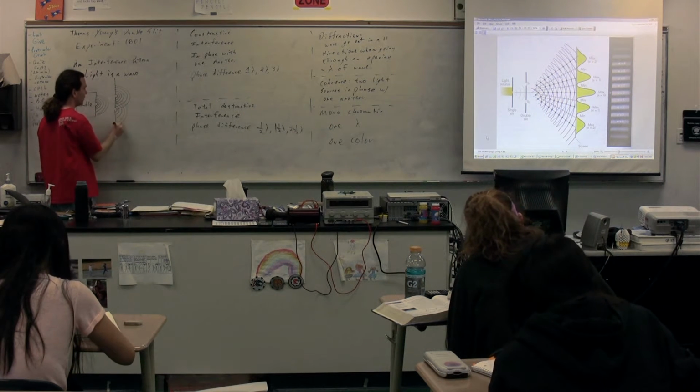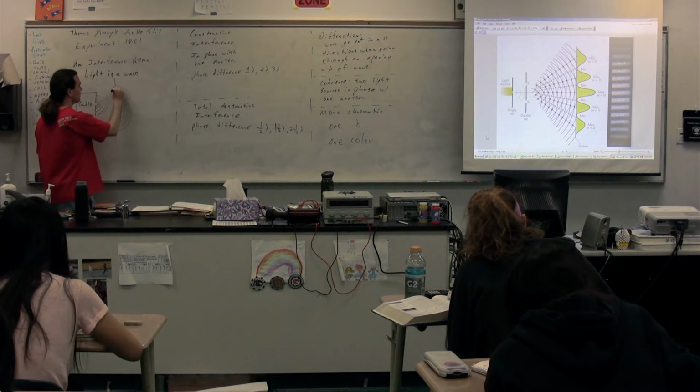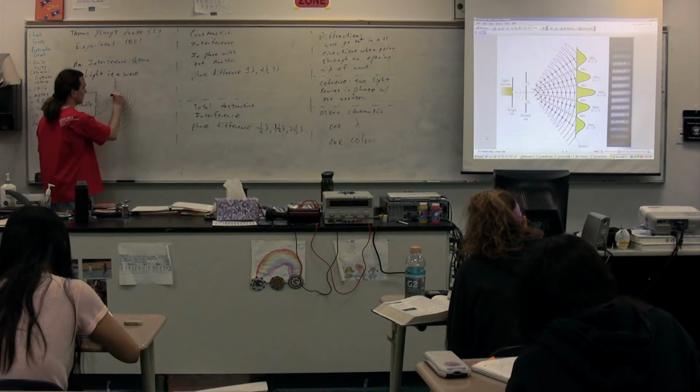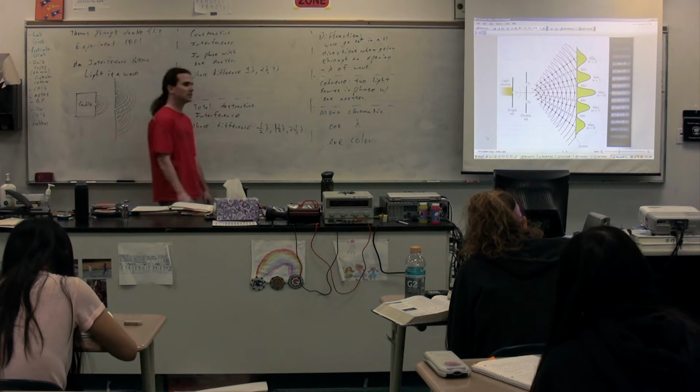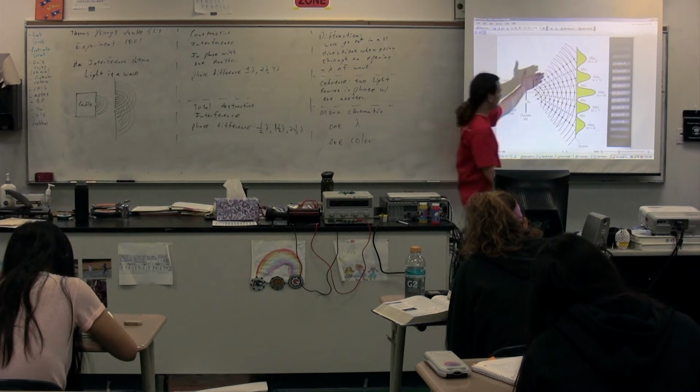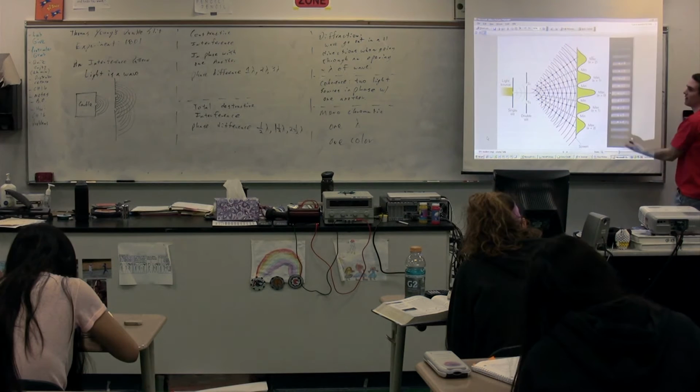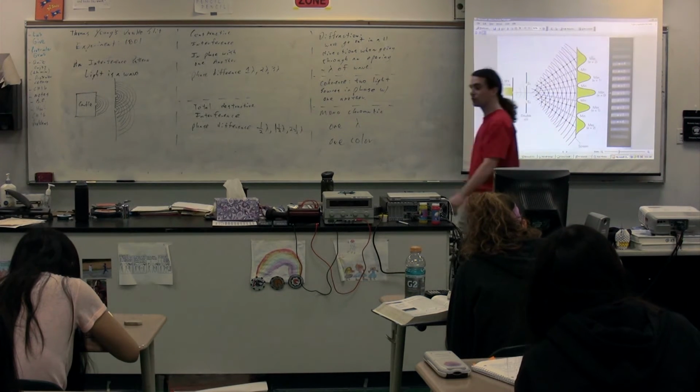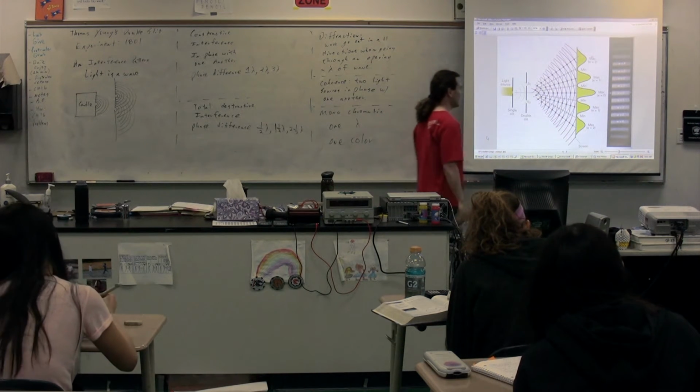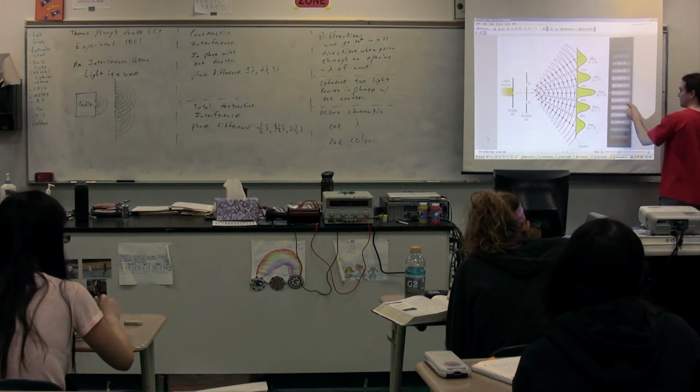And you get this pattern that we just went through with the stop motion video. And you get constructive and destructive interference, and you get what is called an interference pattern on the screen. You get your alternating bright, dark, bright, dark, bright, dark, bright.